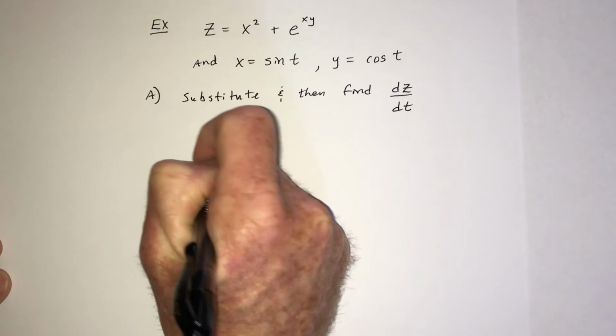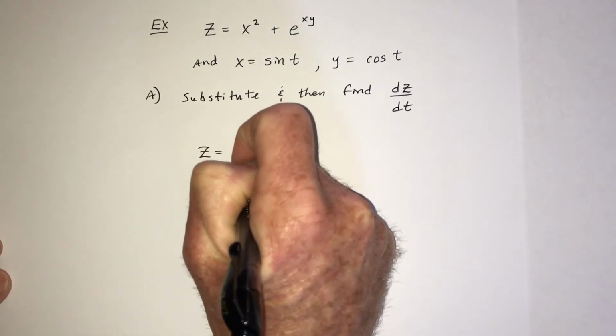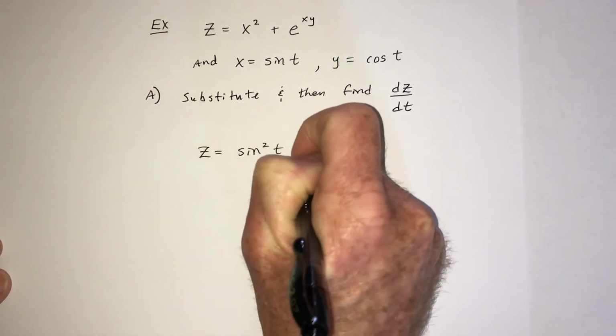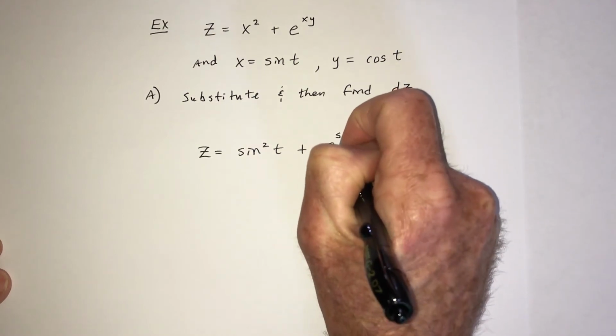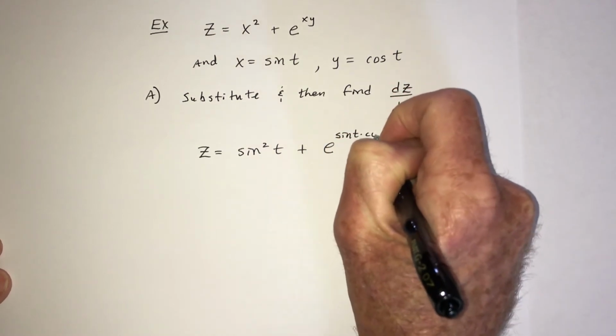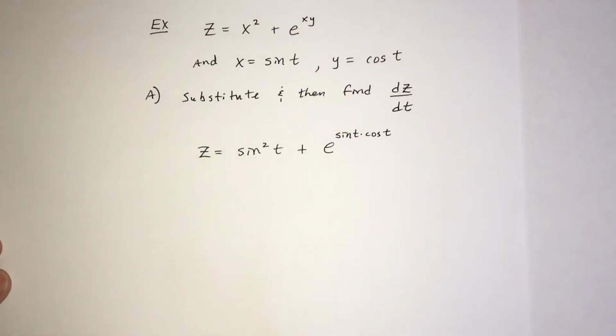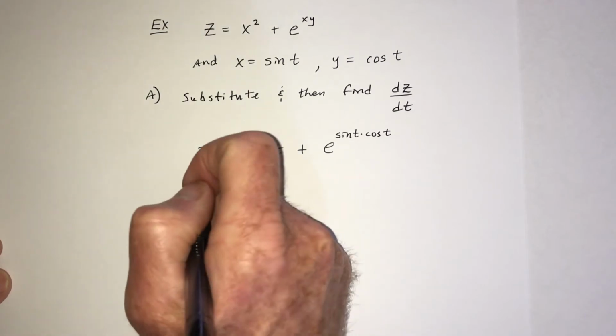So the direct substitution way looks like sine squared of t plus e raised to both x and y, sine times cosine of t. So there's the function. Now you can directly take the derivative with respect to t.